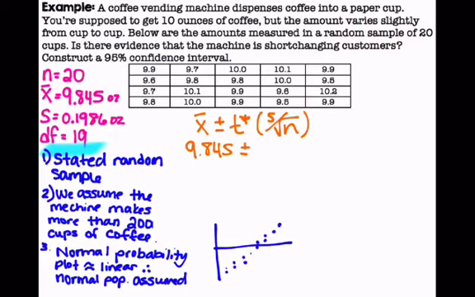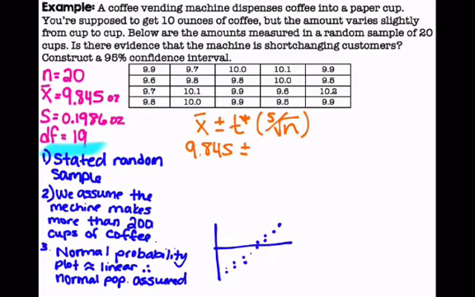It's going to ask for area. So the area I'm going to put in is 0.025 because I'm doing a 95% confidence. So that means I have 2.5% on both sides. And then they're going to ask for the degrees of freedom, which is 19. It's going to give you a negative, we're just going to ignore the negative. So it's 2.093 is my t star value.